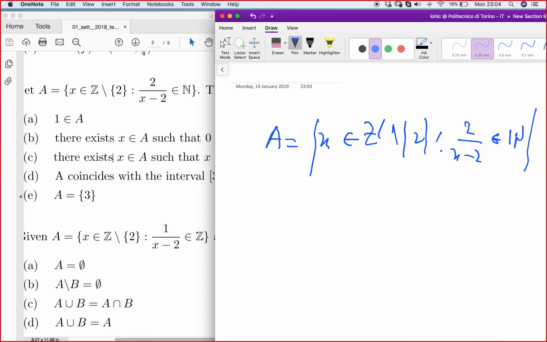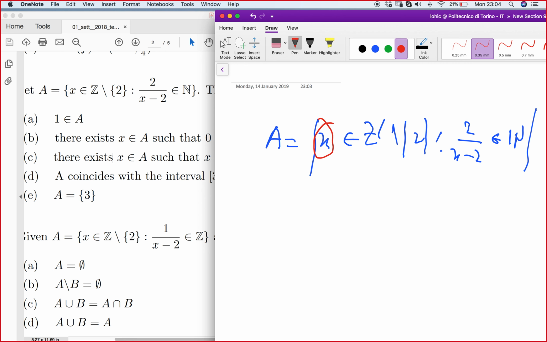Let's try to understand this set A. Look guys, please, most of the time students are not able to understand the meaning of a set. What is the element of this set? The element of this set is x, right?